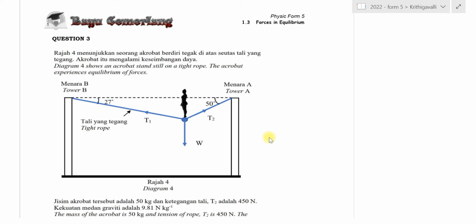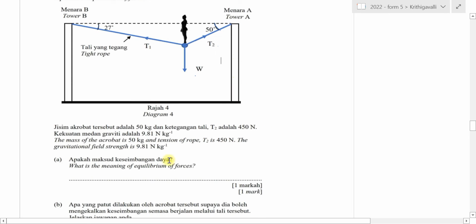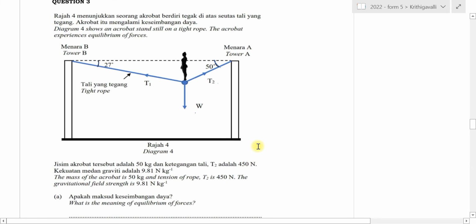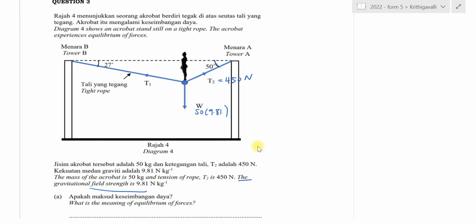We can see 27 here, 50 here, and a W here, T1, T2, and W. The mass of the acrobat is 50 kg and the tension in rope T2 is given, 450 Newton. So the weight is already given: 50 times 9.81. Because they already tell the gravitational field strength, that means use g as 9.81.